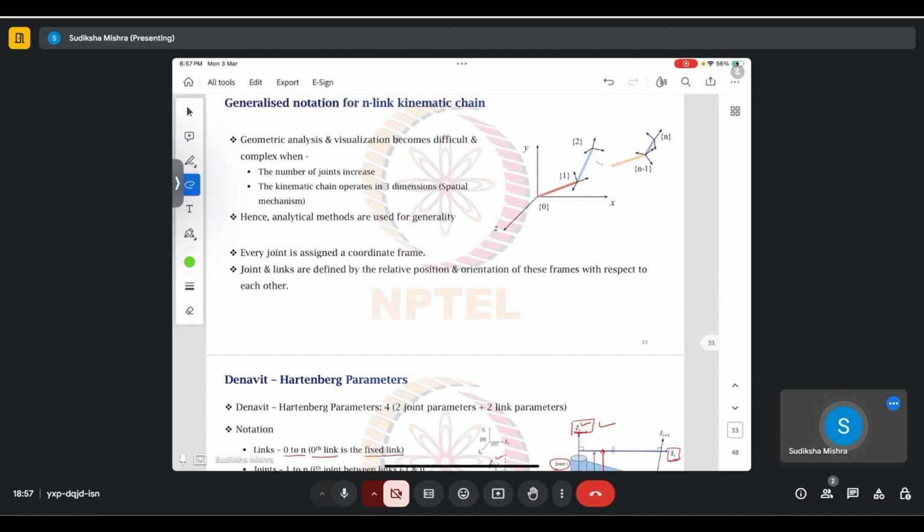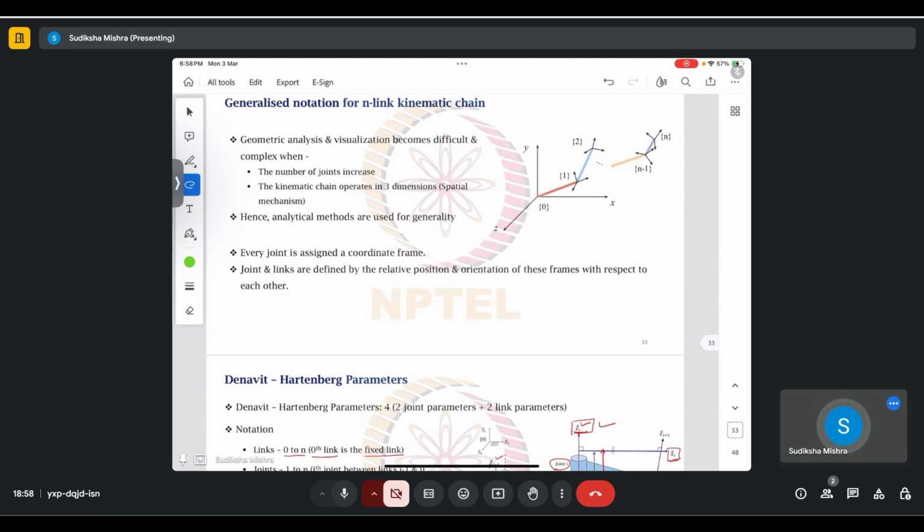There might be some kinematic links which are in the xz plane, whereas some links are in the xy plane. And in such a problem, the analysis becomes very difficult. So in such conditions, for every joint, there are different general methods so that the analysis becomes easier.